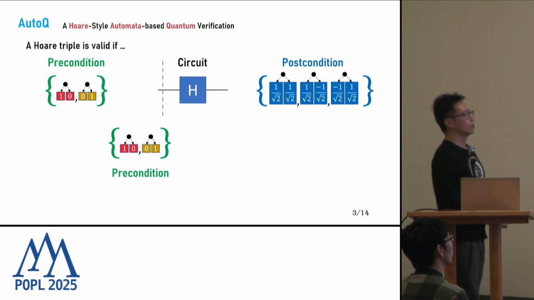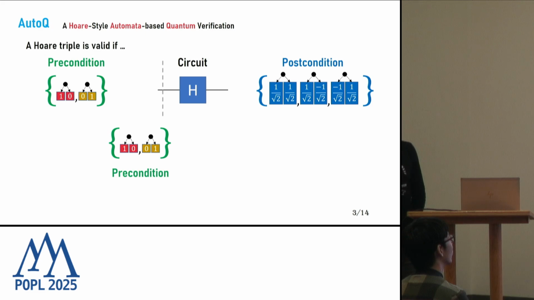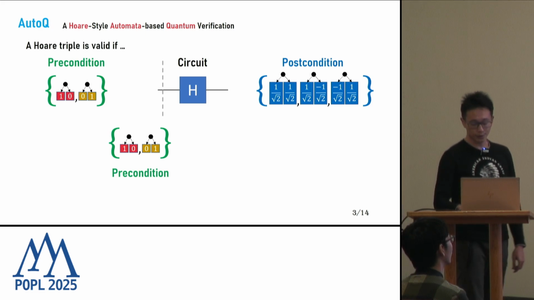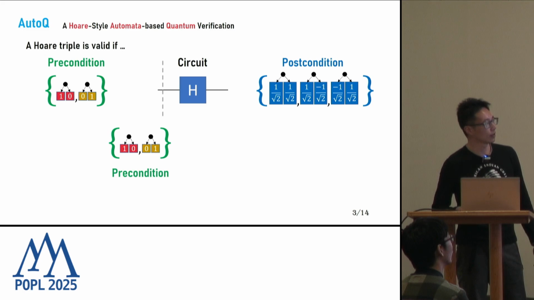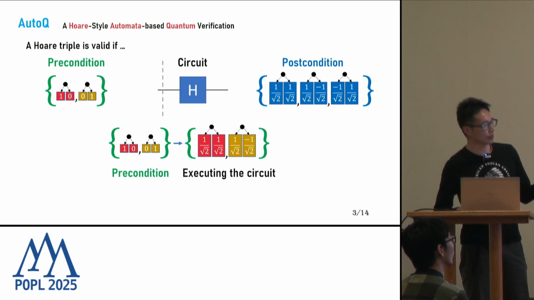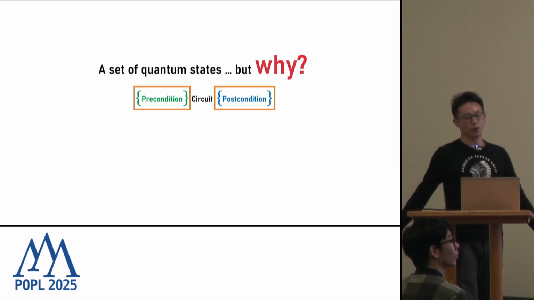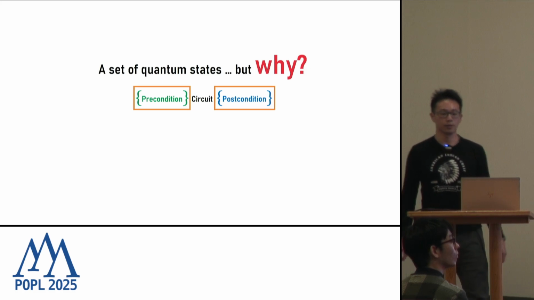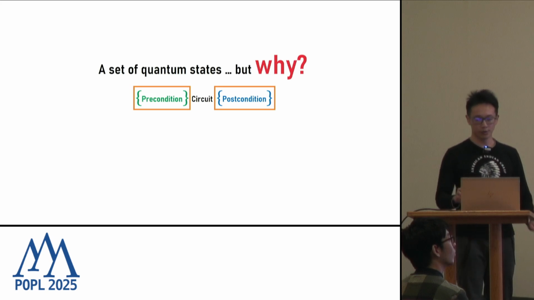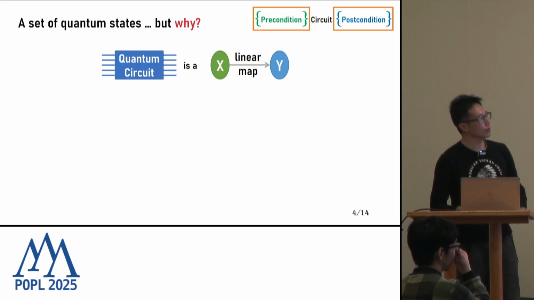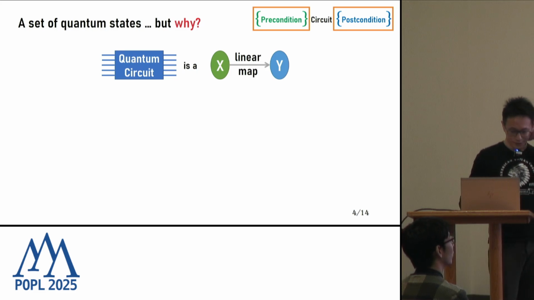In AutoQ, a Hoare triple is valid if for every quantum state in the precondition, after executing, the circuit reaches some state in the postcondition. Now you may wonder why we choose a set of quantum states as our pre- and postconditions. The intuition here is that a quantum circuit is a linear map.